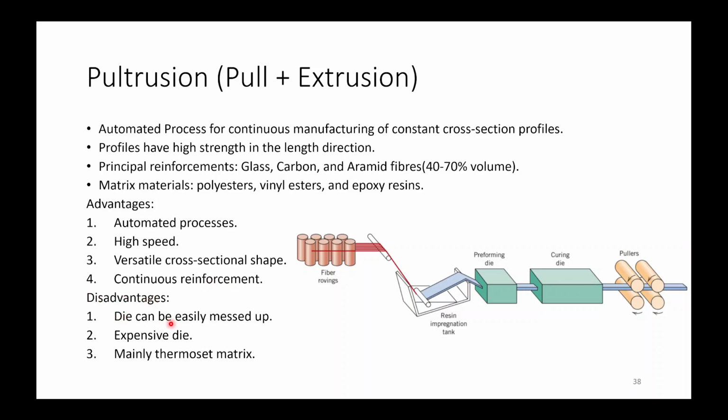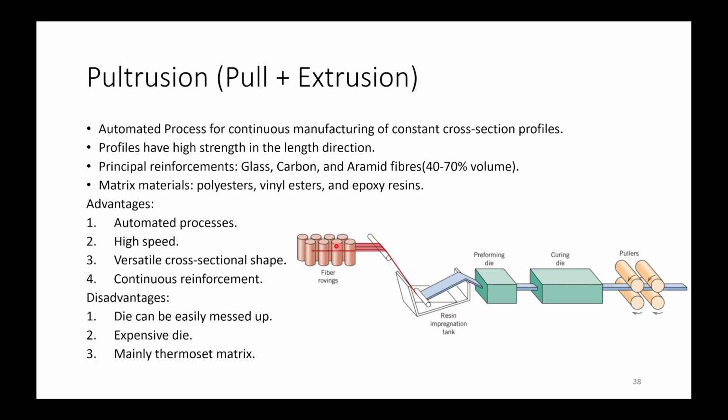Disadvantages: the die can be easily messed up because of misalignment, and it is an expensive die. So the dies that we require are expensive, and mainly thermoset matrix composites can be made using this.